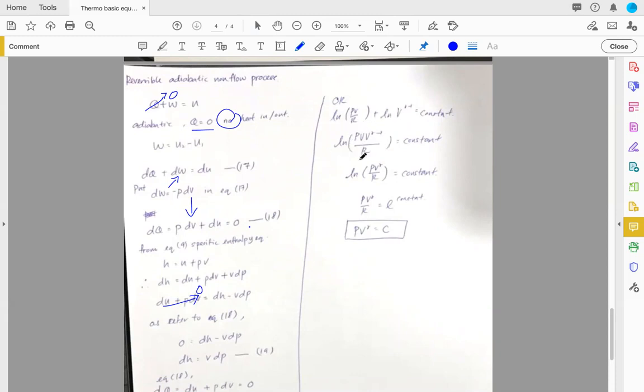Then I sort this out and move the ln to this side. Since this is a constant, this is C, and the R is also constant, I put it here. Therefore, for adiabatic, P1 V1 to the power gamma equals P2 V2 to the power gamma. Is that okay? So you have to remember these things.